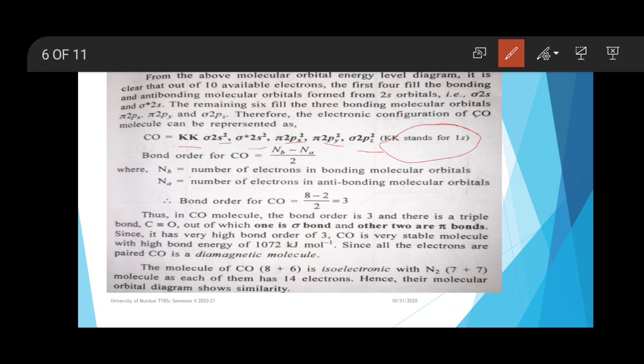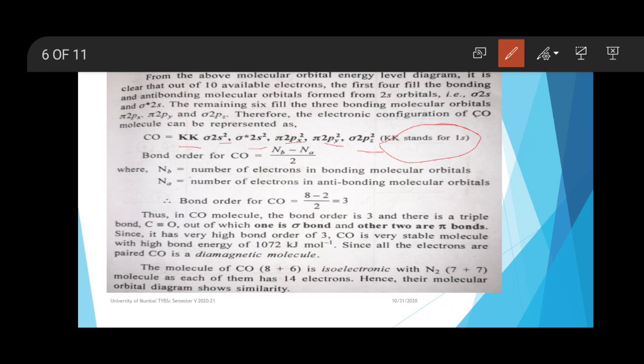How many electrons are in bonding molecular orbitals? Just see the diagram. In bonding molecular orbitals there are 8 electrons and in antibonding there are 2 electrons. So (8 minus 2) upon 2 will be 3.